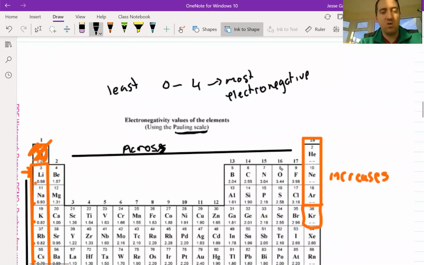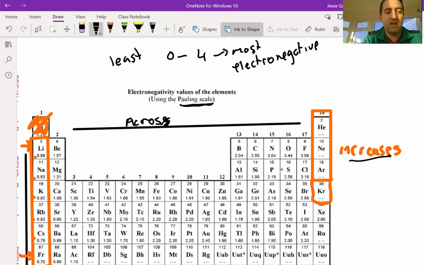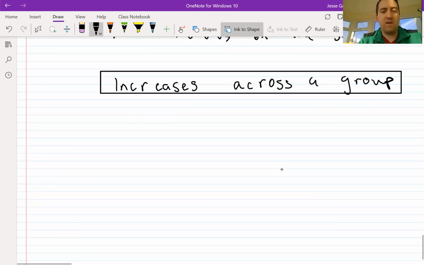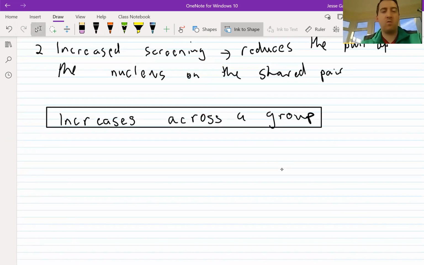Sorry, I'm saying across a group. I shouldn't be. Across a period, say period 2 here, starts at lithium 0.98 and ends at fluorine 3.98. If we look at each one, there is a steady increase. So it's definitely a pattern. Okay, so we can definitely say, and like I said, you will always be given those values. So you can always figure out the general trend by looking, and then you have to think about why.